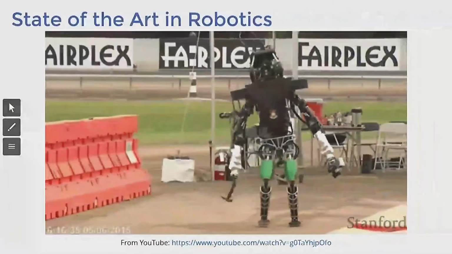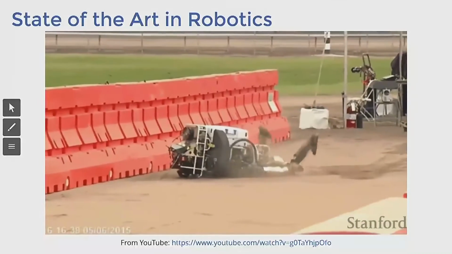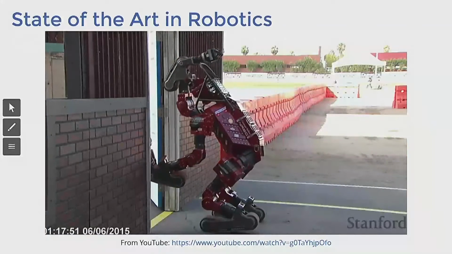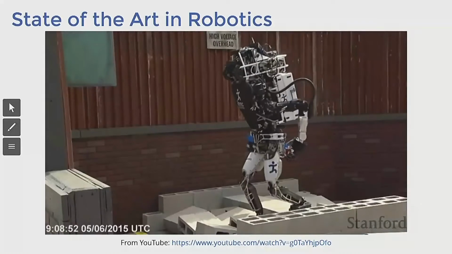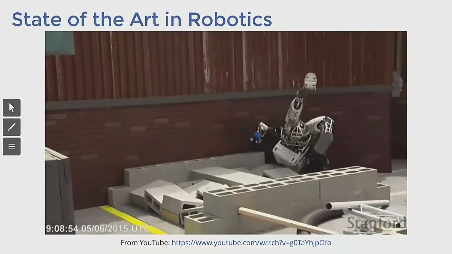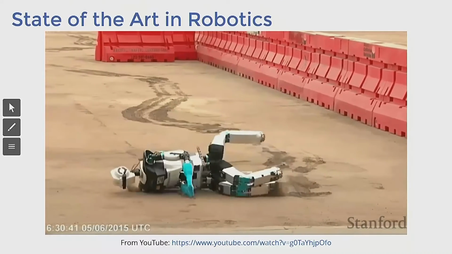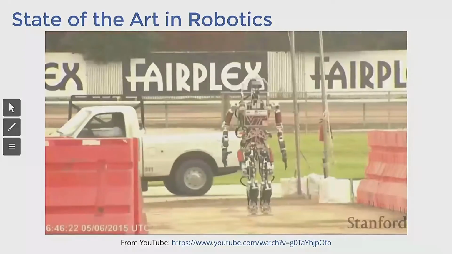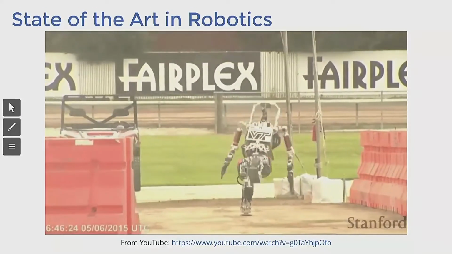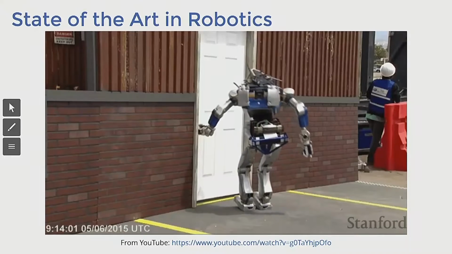However, if we look critically at the state of robotics, these are some videos from the DARPA competition in 2015. Just to give an idea of what we are looking at here, these are the best teams in the world. These are teams that spend 2-3 years, in some cases with hundreds of people, working extremely hard on having robots go through different paths, tasks, and challenges.